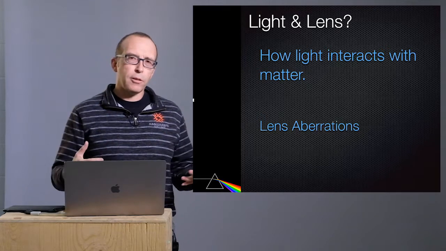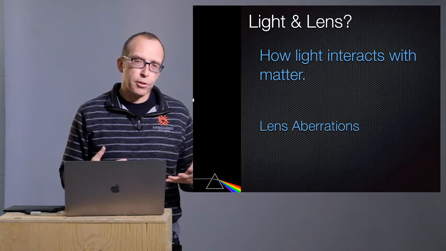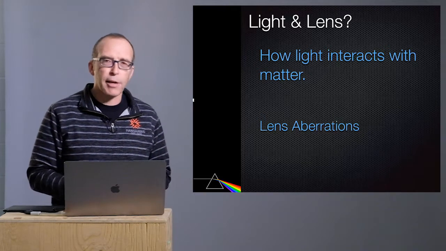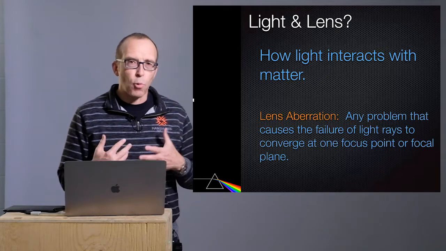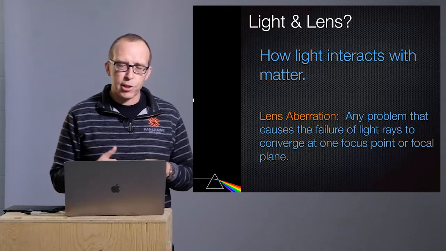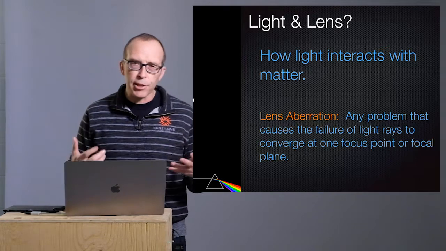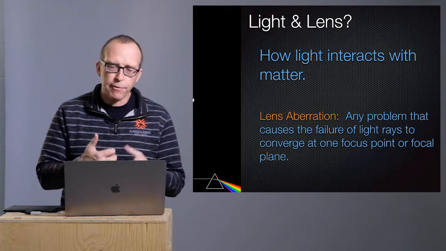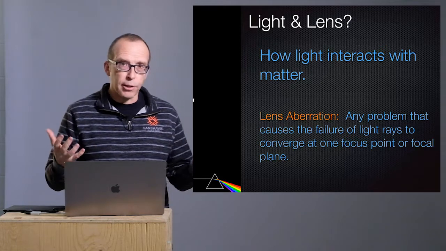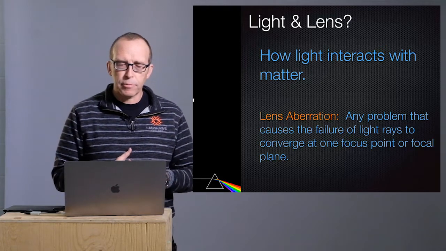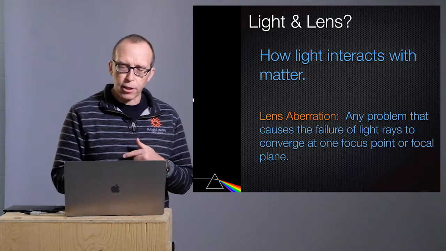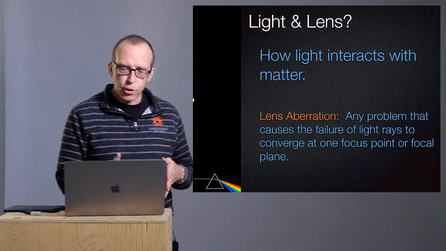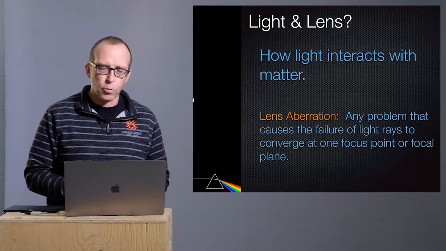Today, we'll talk about problems, and these problems have a name: they are called lens aberrations. We're going to look at more than just lens aberrations today, but let's start there. So what is a lens aberration? Well, there's one definition there: any problem that causes the failure of light rays to converge on one focus point or focal plane.